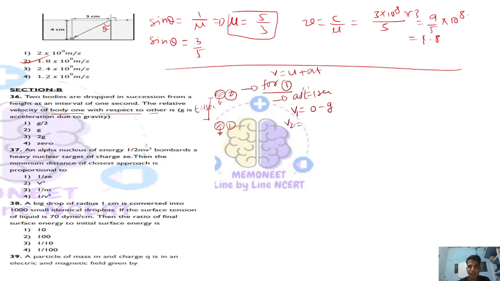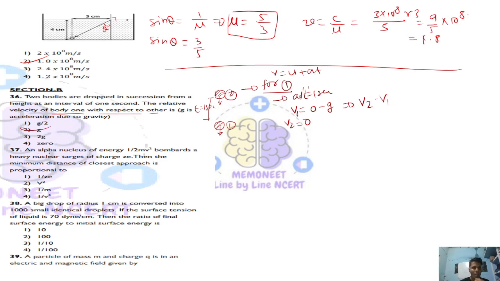And for the second body it's simply at rest. So the velocity of 2 with respect to 1 is simply g. Option second. It's simply a logical question. The answer will be g.